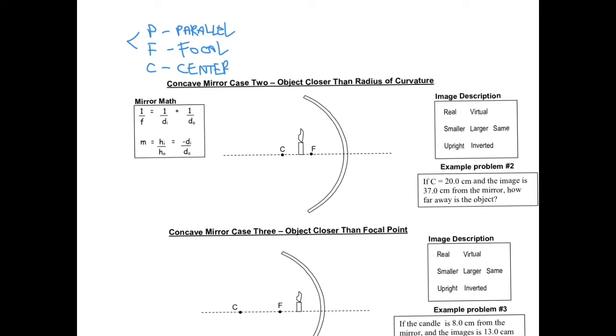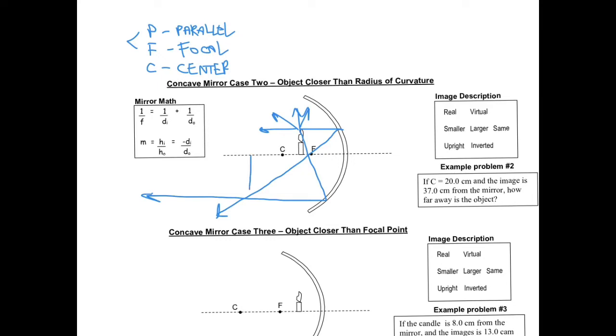Now we could use any ray we wanted to, but we'd have to get into some complicated math if we chose something else. So here I took the parallel ray, and just as our rule says, I've reflected it down through the focal point. And then this is just showing all the different possible rays that exist. But the one that goes down through the focal point would emerge parallel.